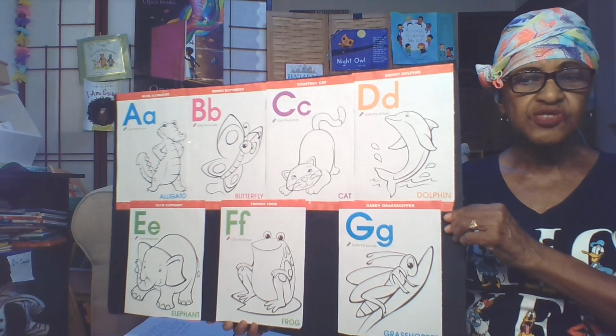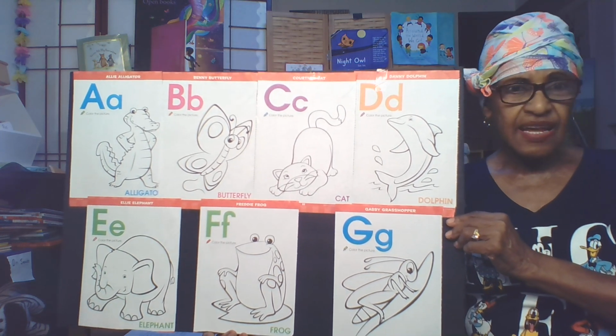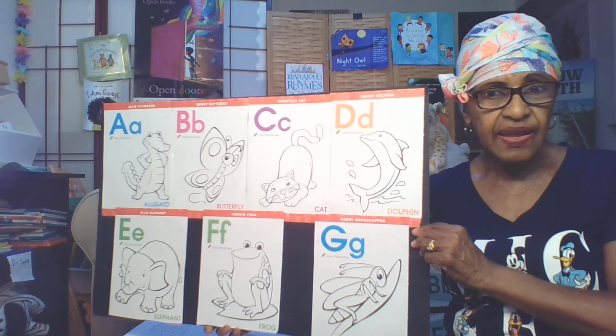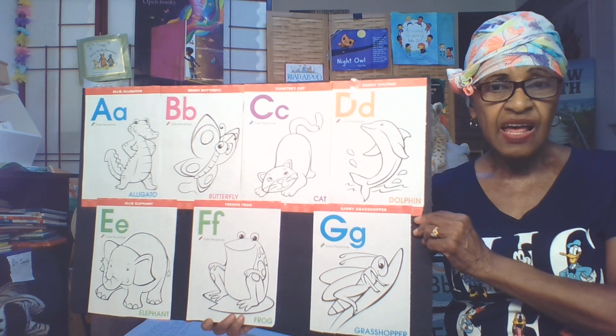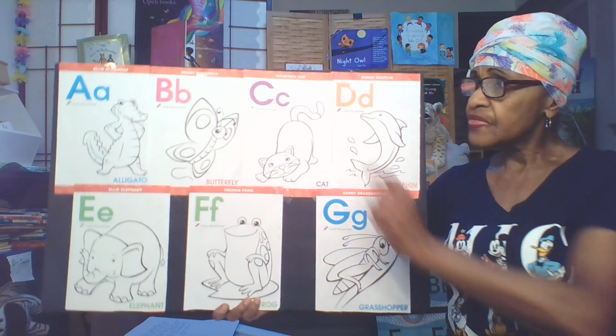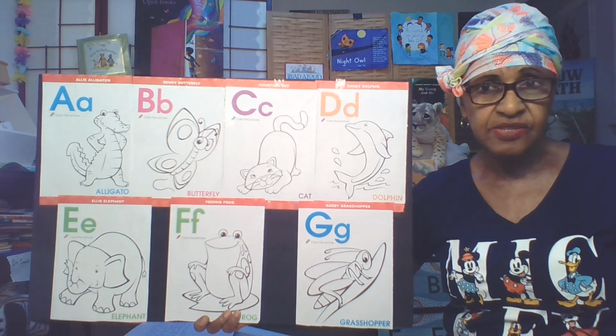Okay? And this is just to let the students know that even though we're going to begin to learn the sounds of these letters, there's uppercase, that's the big one, and lowercase, the small one.